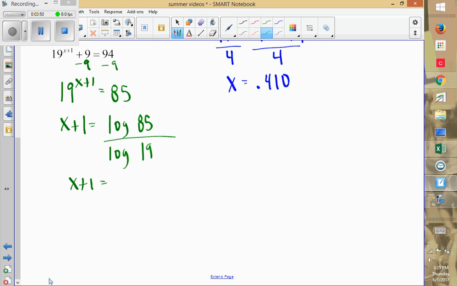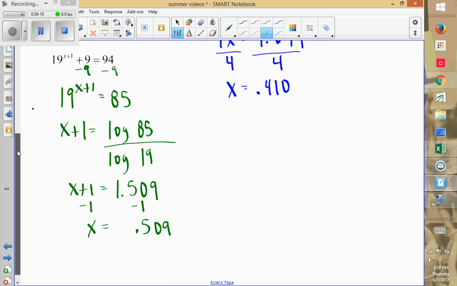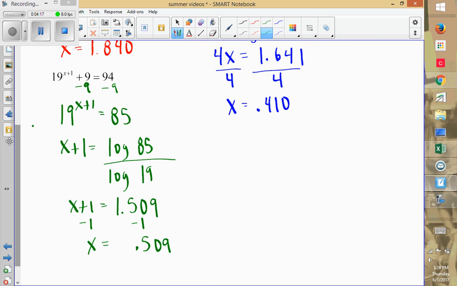So we're going to figure out that the log of 85 divided by the log of 19 is 1.509. And we're going to subtract 1 from both sides, so we're going to actually just get 0.509. And that is 3 different ways to solve an exponential where you cannot break down the base.